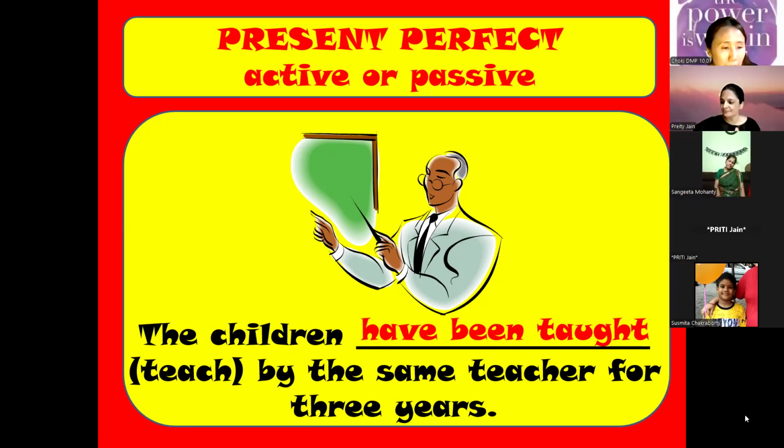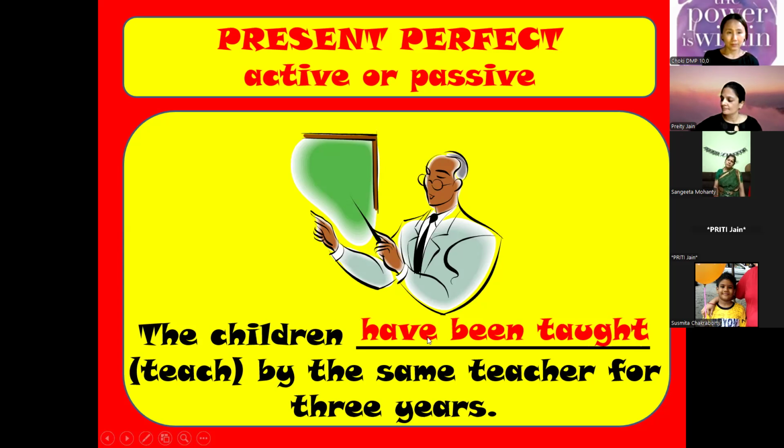Ma'am, in regard to a non-living thing, we have to see whether we have to put been or not. No, Shushmita, actually this was a very basic concept: if it is a non-living thing, put the passive, and if it is a living thing, put the active. But in this case, this contradicts the statement because children are living things.